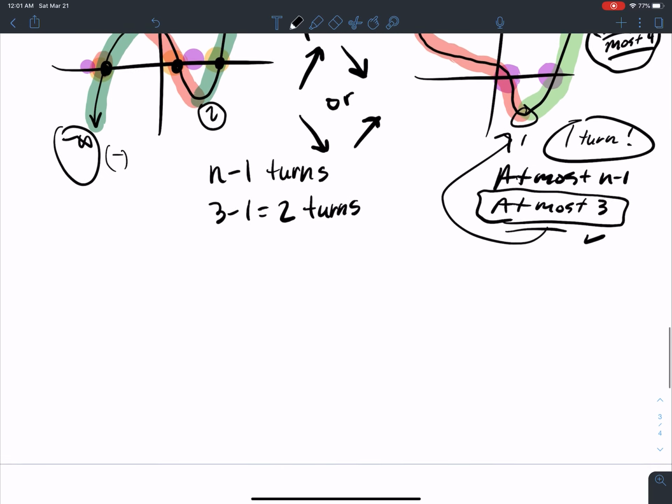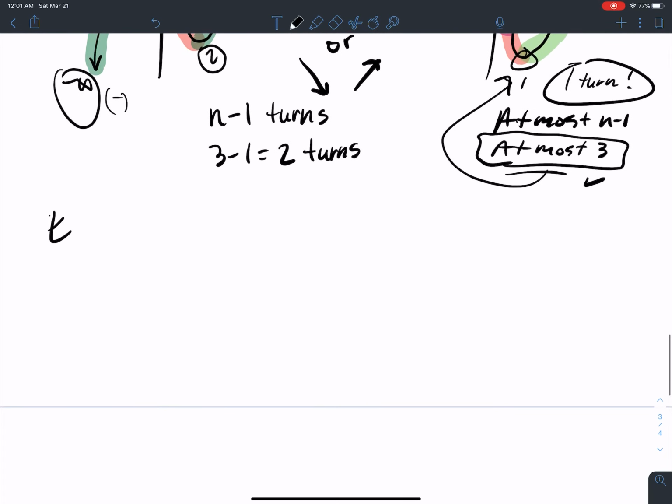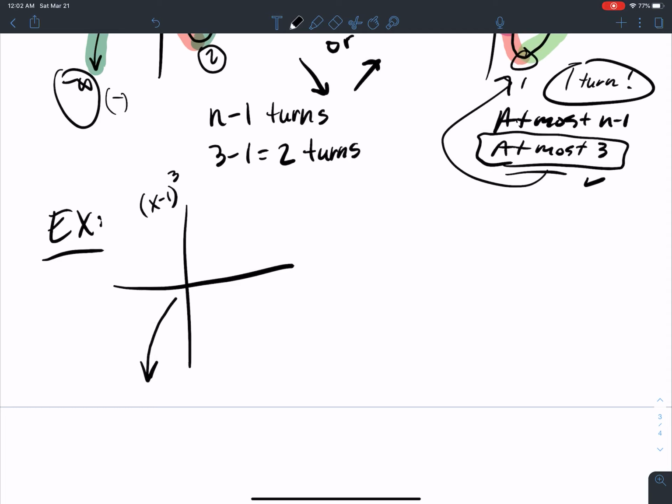There's one more example, and I've got a graph here, and this is x minus 1 all cubed. So this is the cubic graph, but the x minus 1 inside shifts it which way? Shifts it to the right. How far? 1 unit. So I take my graph and shift it to the right 1 unit. So this is 1 comma 0.